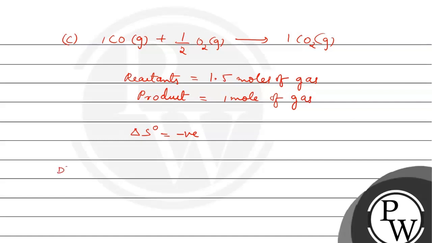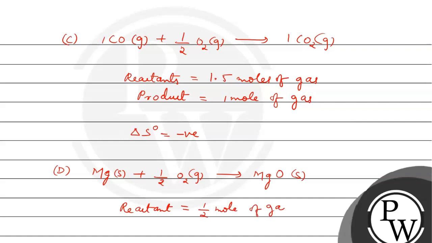So if we see the last reaction, that is reaction D. Here magnesium in solid form reacts with half mole of oxygen in gaseous form to form magnesium oxide in solid form. If we calculate the number of gaseous molecules on the reactant side, it will be half mole of gas.